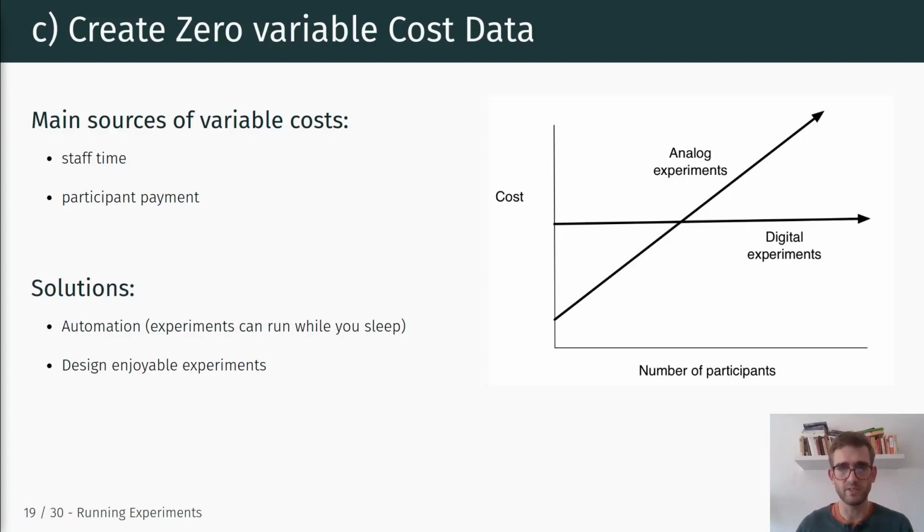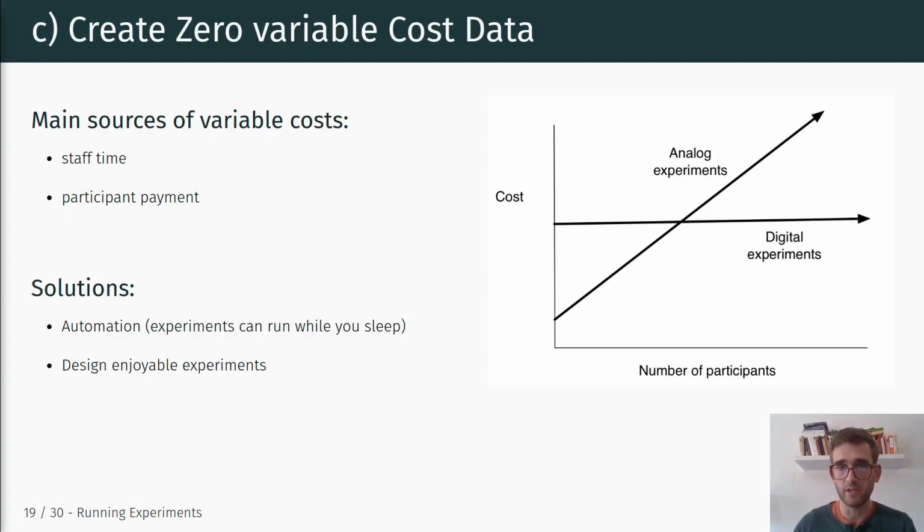So that would be, for example, moving a lab experiment, where you need people to be present and to talk to participants and guide them through the experiments, online instead. If you run the experiment online, you can basically run the experiment while you sleep. So the process overall doesn't require immediate attention by staff, for example, right? So that's one way to reduce these variable costs, right?